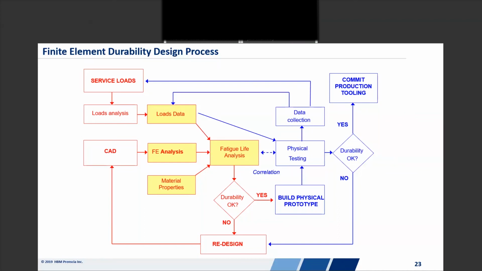And again, this is a kind of repeating cycle. One of the things that's very difficult to do is take all these unknowns in terms of fatigue and go off and do the fatigue prediction first time around. Many times we see that we go through several iterations of comparing predictions to test data to go off and refine our predictions.